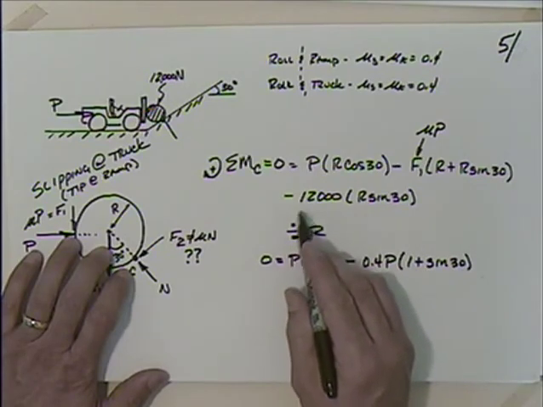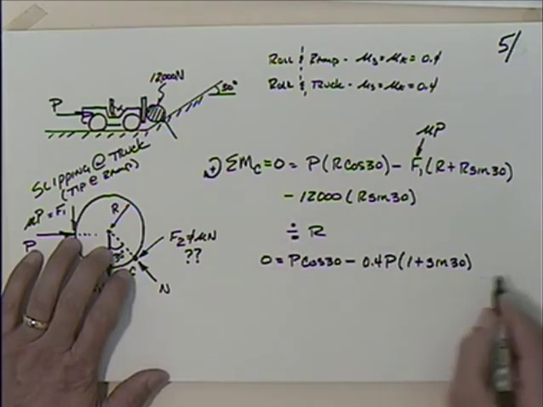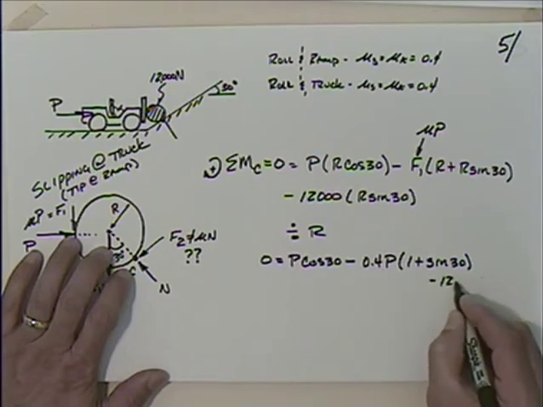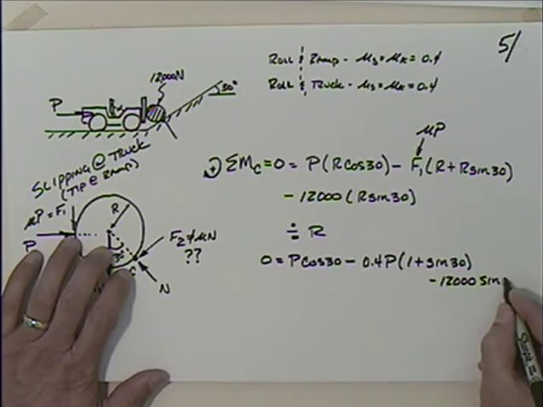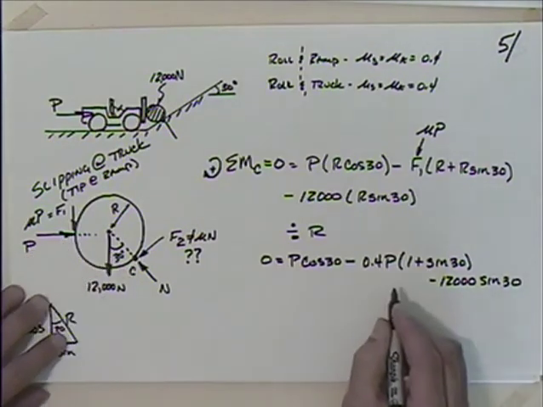And then what am I going to have? Minus 12,000 times the sine of 30. Well, with that, we could definitely solve for P.